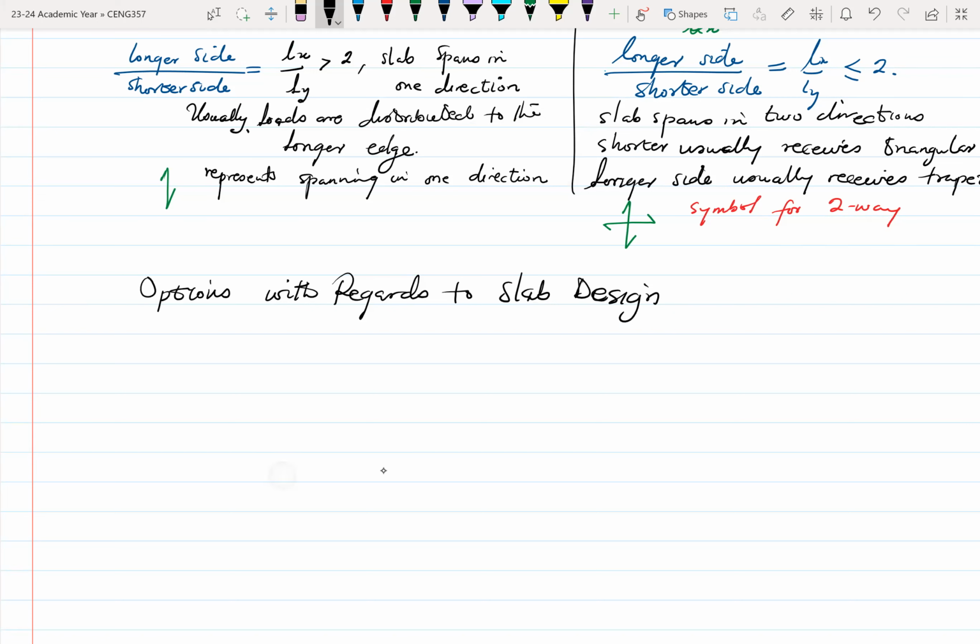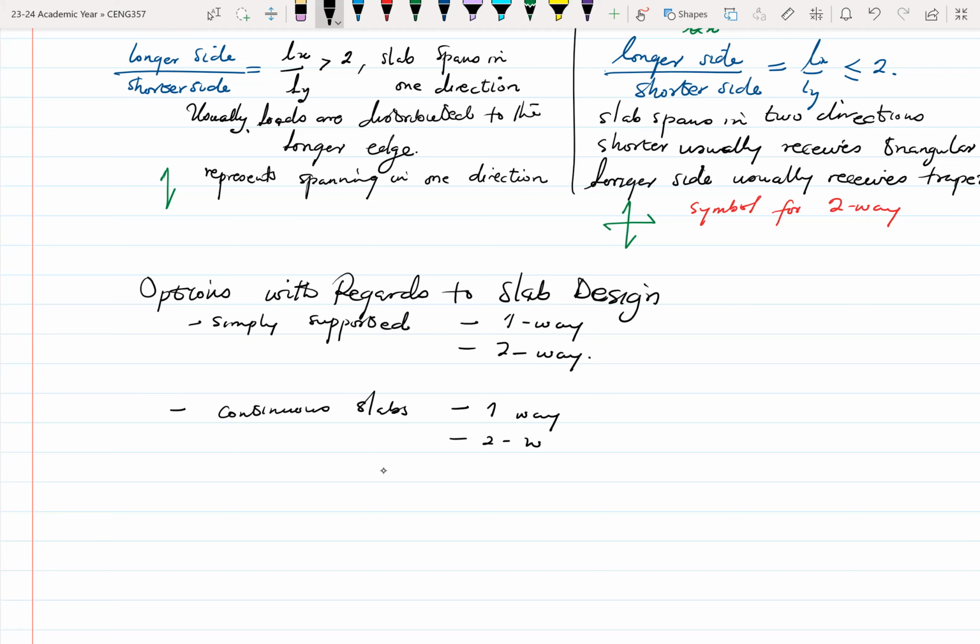Just like beams, we can also have simply supported. So simply supported, we can have one way and have two way. Then we can have continuous slabs. Again, we can have one way and have two way. So that's the spanning or the directions in which they work in.